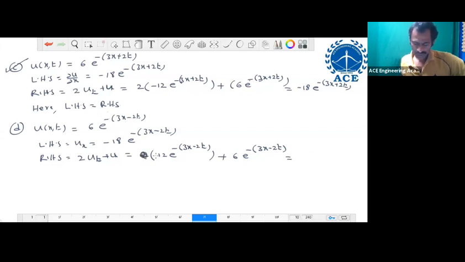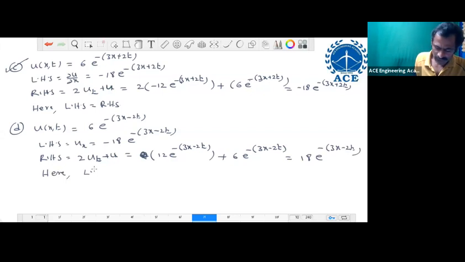This is not the same. Here LHS is not equal to RHS. Therefore, option D is wrong. Hence, option C is correct.